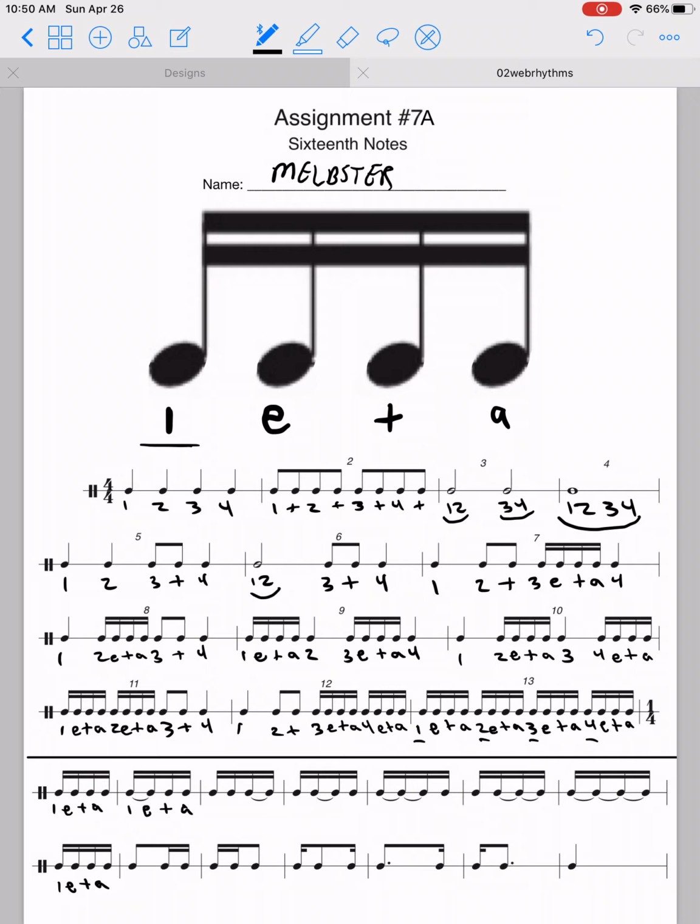We simply have to copy down the notes that correspond below. So 1 is still present, I see the and is still there, and I see the A is still there. However, the E, because it is tied together, says that we just combine it into the 1.